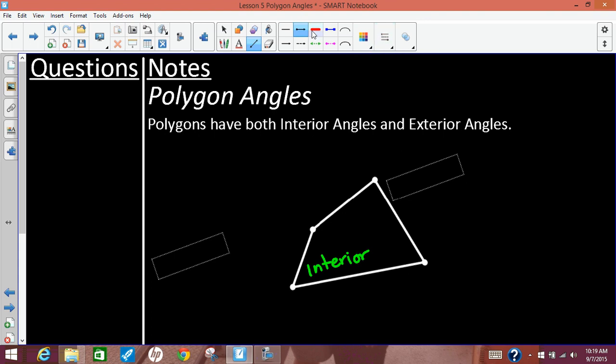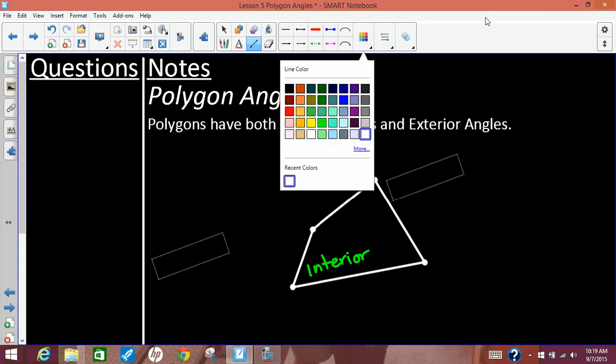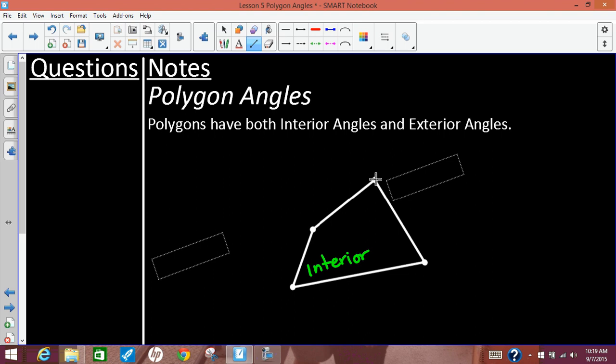And then we have exterior angles. So these angles are formed by extending the sides. So I can extend each of the sides straight out, and that's going to form my exterior angles.